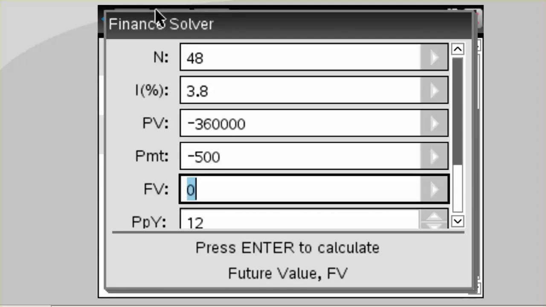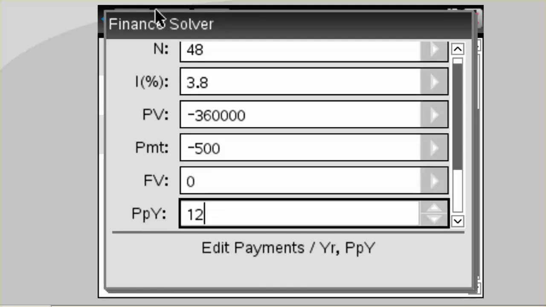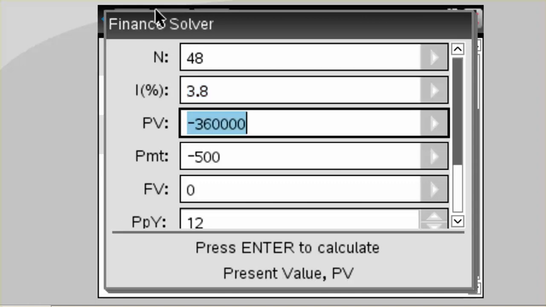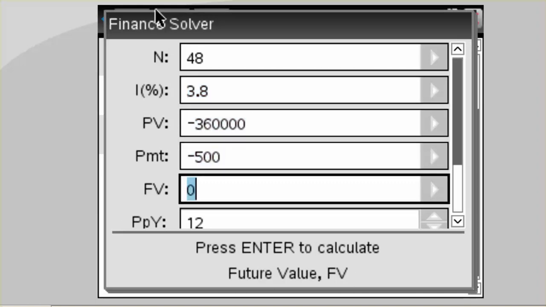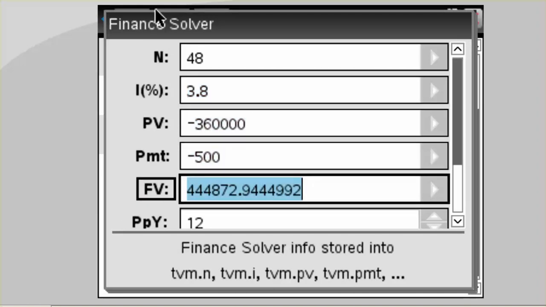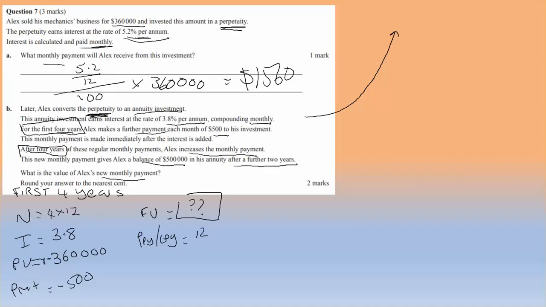FV is what I want to find out, monthly. So let's go down to our FV, press enter, and it comes up 444,872.94. Let's write that down. So our FV, 444,872.94.